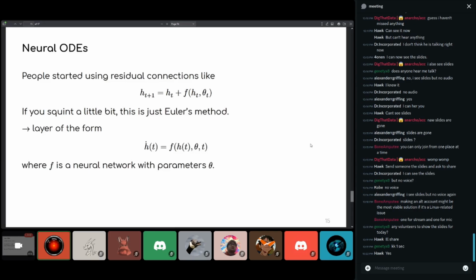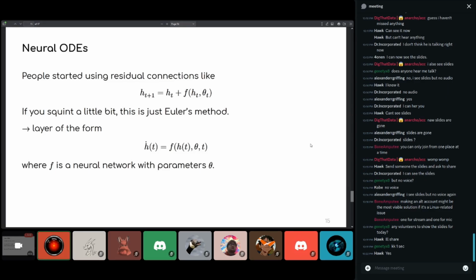Basically you're adding the input to your layer output. So you have h of t plus 1, where h is the hidden activation, and you add the previous one: h of t plus f of h of t, where f is essentially your one linear layer. And if you squint just a little bit, this is basically just Euler's method again.